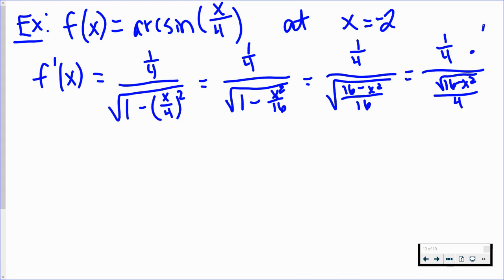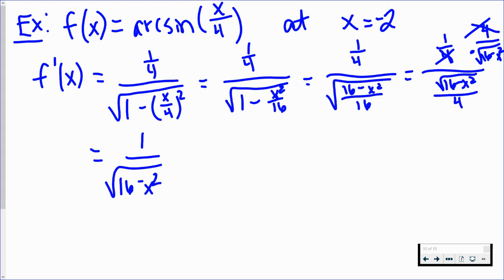Flip and multiply. We're going to multiply by 4 over the square root of 16 minus x squared. Whew, barely fit it in. 4 over 4 is going to cancel, and our derivative ends up being 1 over the square root of 16 minus x squared. Okay, again, we didn't have to do that, but I wanted to go through and make sure we have a little bit more practice simplifying.